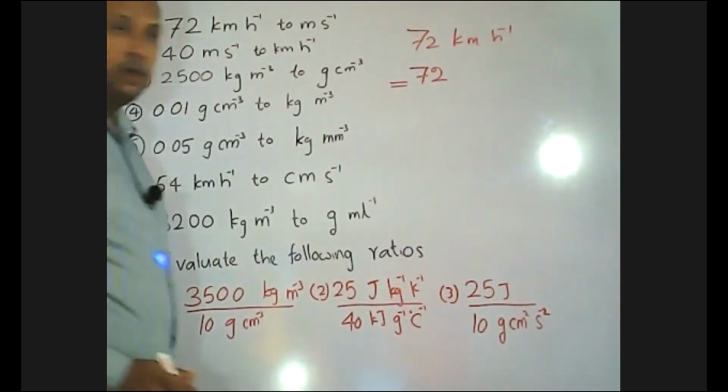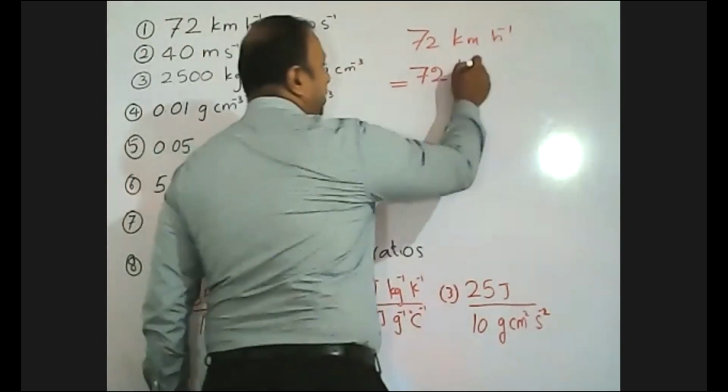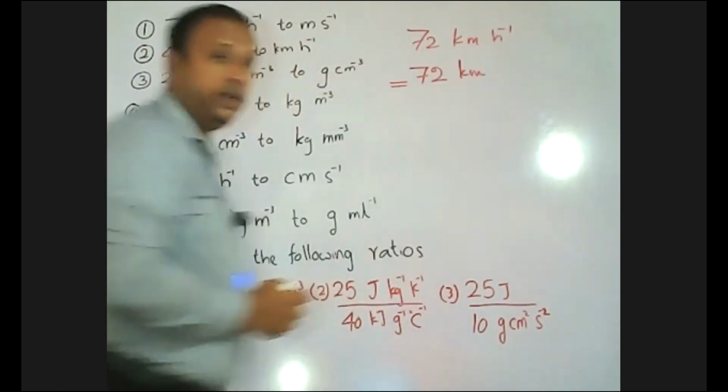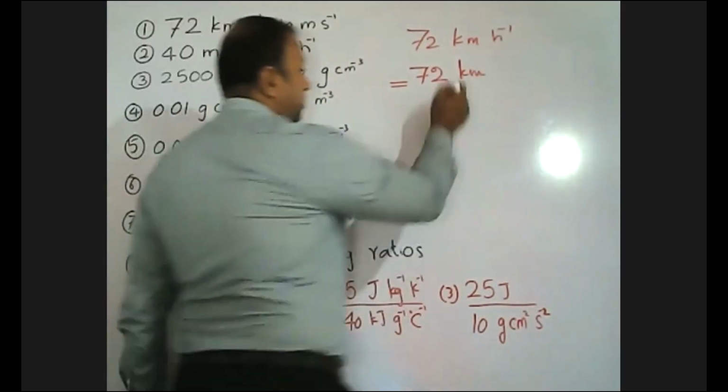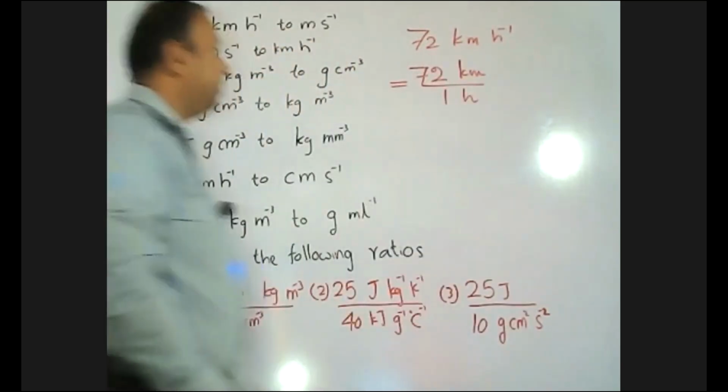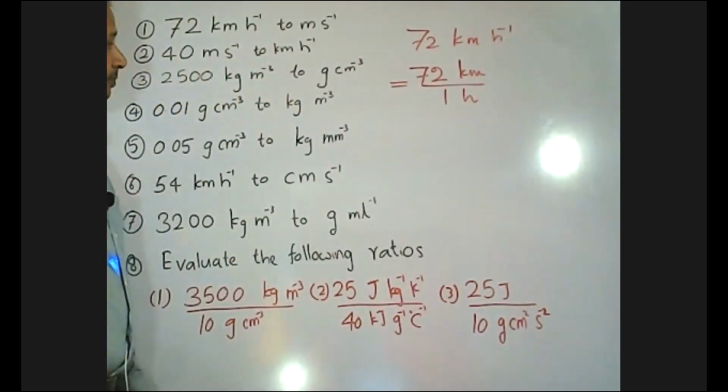The first thing, we have to write this unit as a fraction. So we can write this as 72 kilometer over 1 hour.